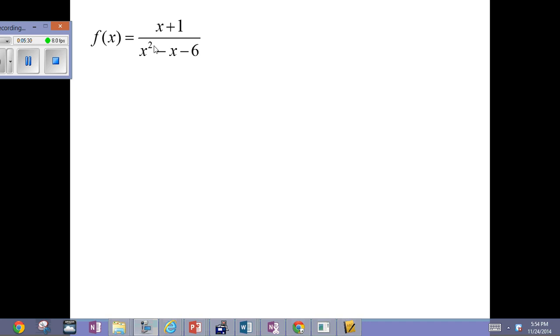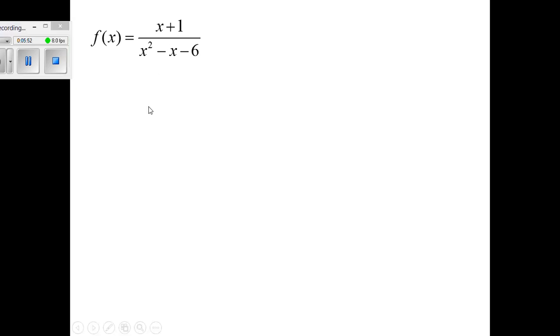Okay, so we got the x-axis acting as our horizontal asymptote. This, of course, will factor as x minus 3 times x plus 2, giving us intercepts at -2 and +3. And a y-intercept at -1/6.